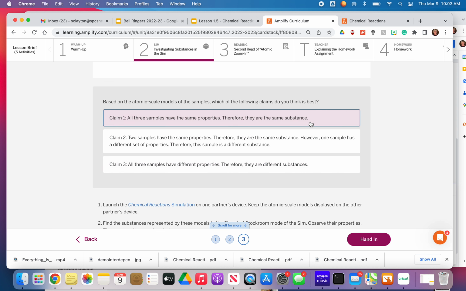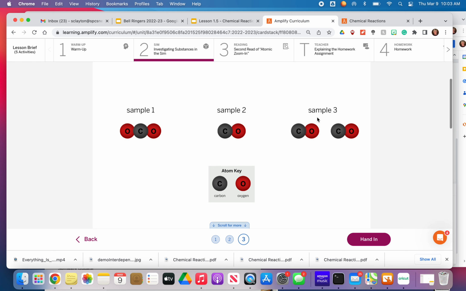And I want you to consider these statements, okay? Based on the atomic scale model of the sample, which claim do you think is best? Claim number 1 says all 3 samples have the same properties, therefore they are the same substance. So looking at those very carefully, do they have all the same properties, and are they in fact the same substance?